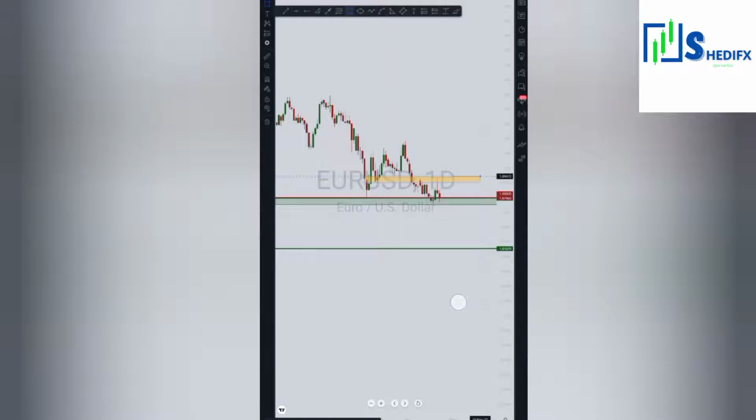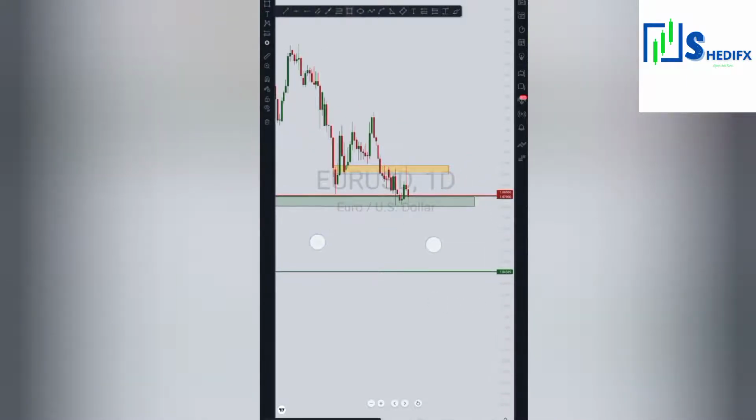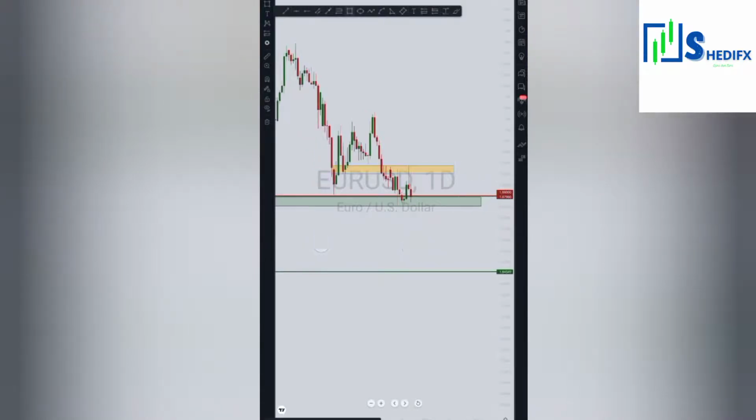We have this area here where the market has been acting up on top. The market keeps going to that box, then it goes down, keeps going to that box and goes down. Last week, we closed with a pin bar and then we came down.